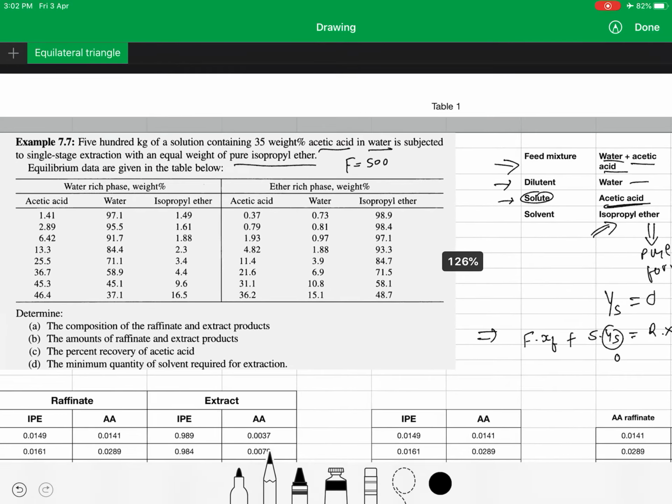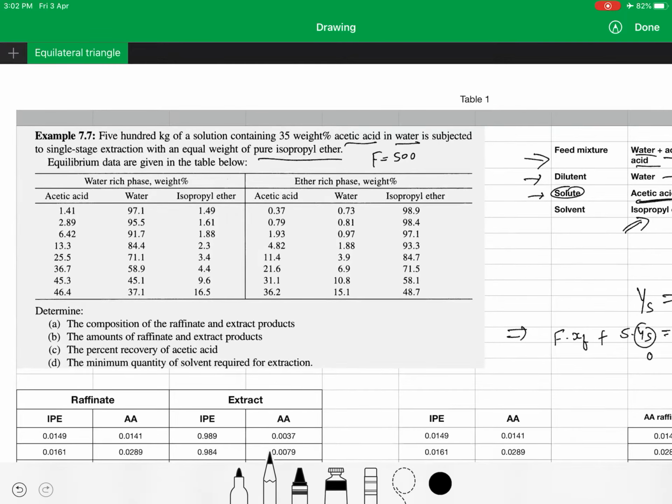Now let's move forward with this question. We have been given the equilibrium data, which is nothing but LLE data. One set is the water-rich phase, which is the raffinate phase, and the other is the ether-rich phase, which is our extract.